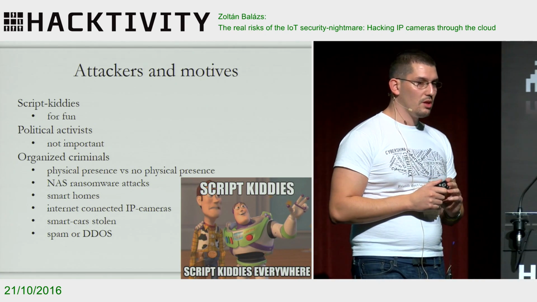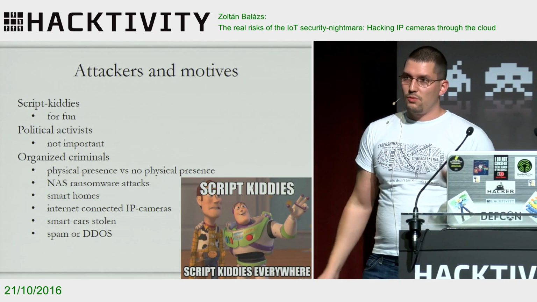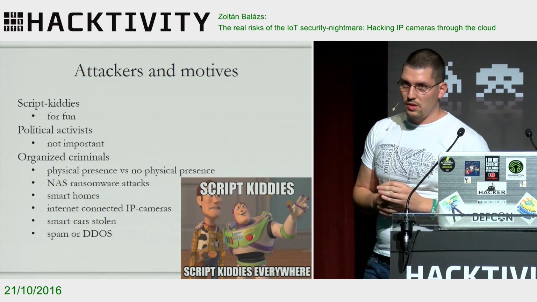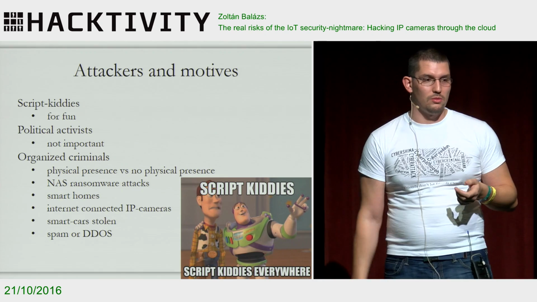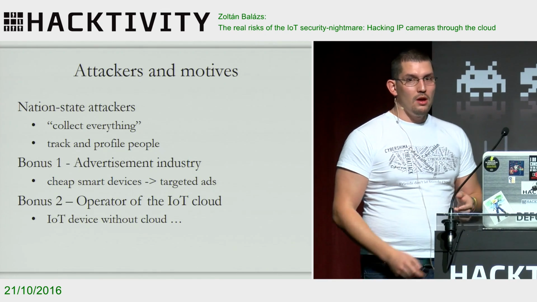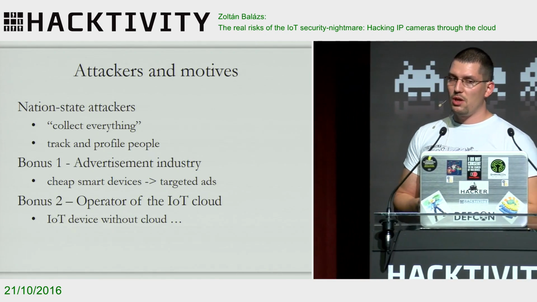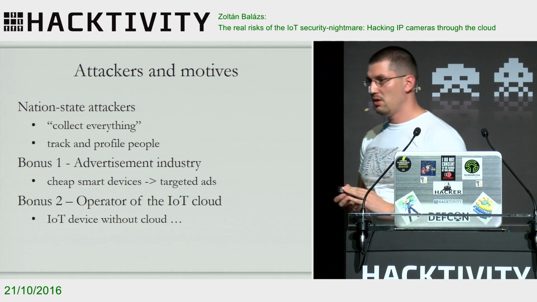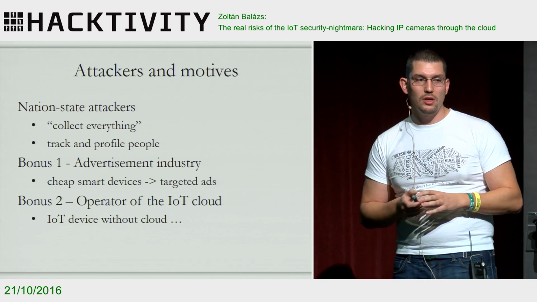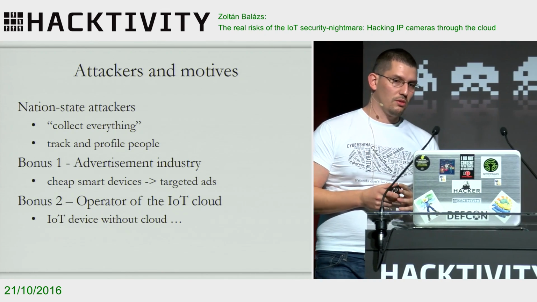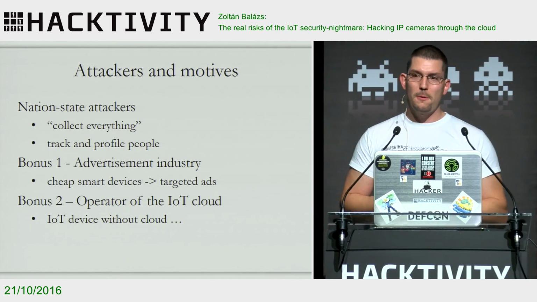Really, really interesting. And of course, people can use these IoT devices to send spam out. Whenever we are talking about nation-state attackers, I think these IoT devices really fit into their collect everything strategy, because they always try and track and profile people.